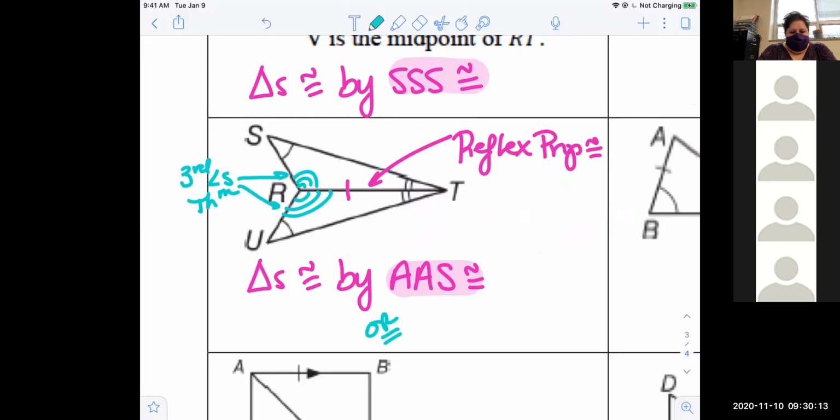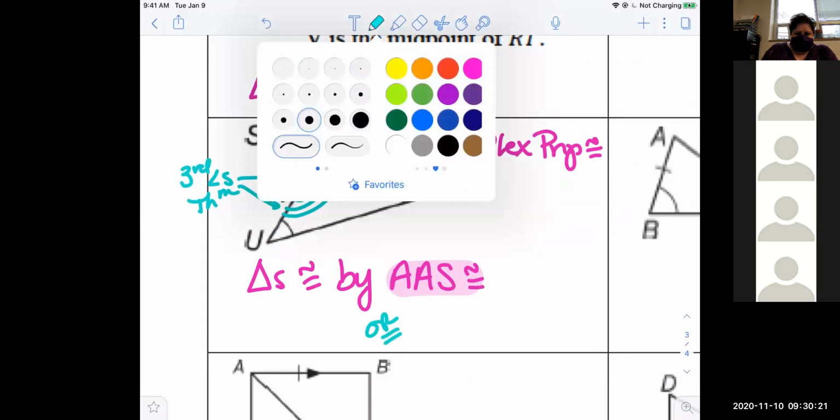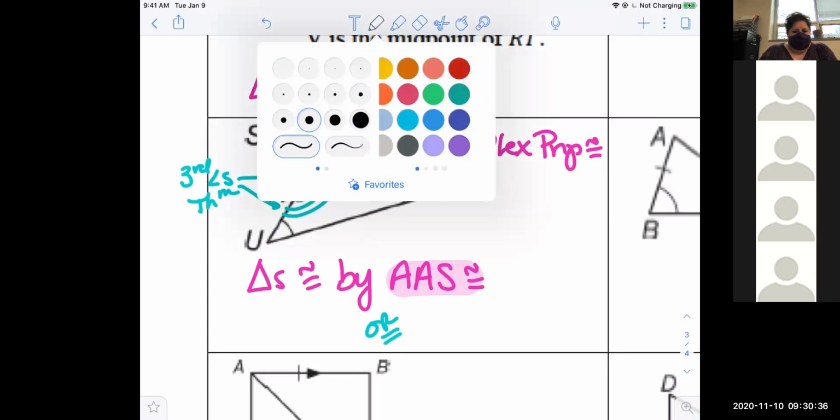So basically, I'm going to get rid of this over here. Okay, that's not angle, angle, side. That's what? That's angle, side, angle. So the easiest, quickest way would just be to use the reflexive side and then be finished.